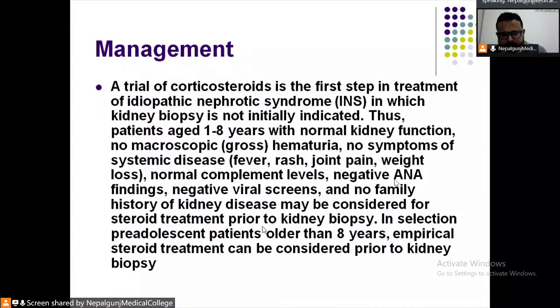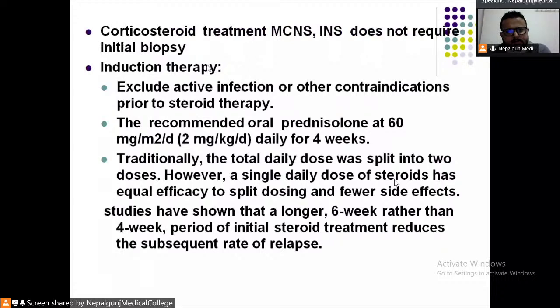Also in the pre-adolescent age, 8 to 18 years, if these symptoms like hematuria are not there, you can also start the steroid empirically before doing any kidney biopsy. So corticosteroid treatment in minimal change nephrotic syndrome or idiopathic nephrotic syndrome does not require an initial biopsy.